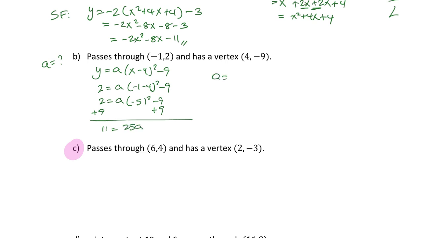So a equals 11 over 25. Okay, so now I'm just going to plug in the information. We're just going to leave it in vertex form. So y equals 11 over 25 times x minus 4, squared, minus 9. I'm just plugging in the a right here. We can expand it and multiply it, but for now, let's keep it like this.